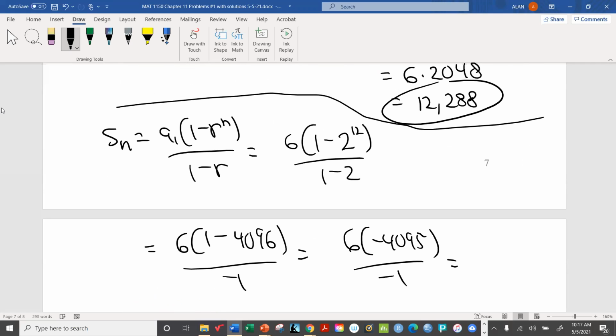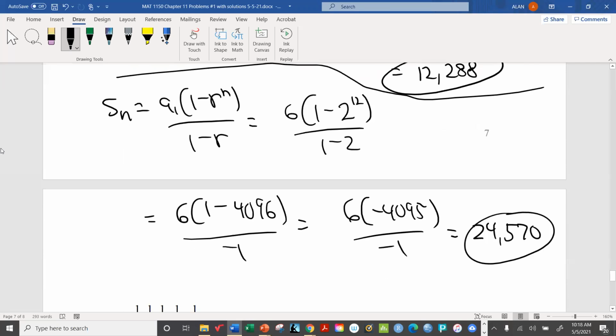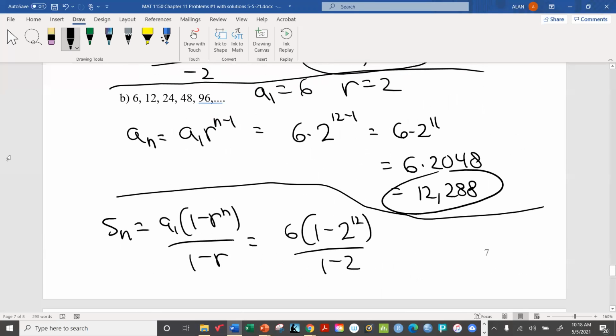The negatives cancel each other out, and we are left with 24,570. Okay. So that one was nice. That one worked out really easily.